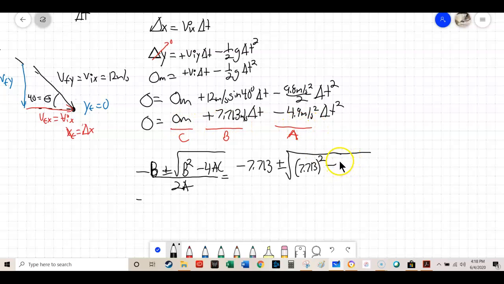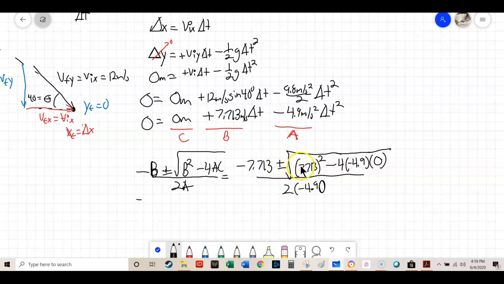So that's 4 times negative 4.9, times C, which is 0. So that's just going to be 0, all over 2 times A, and this is 2 times negative 4.9. You have to keep the negative in there. That's a part of that number.